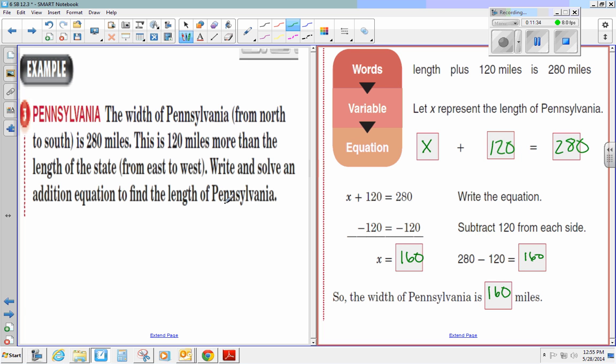All right, and let's see if that makes sense. The width of Pennsylvania, I think there's a mishap here. I think this should be the length. So the width of Pennsylvania from north to south is 280.